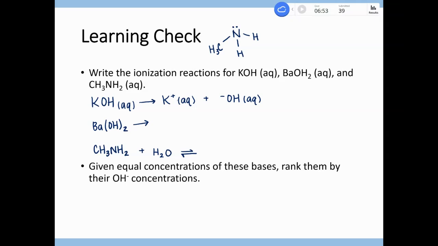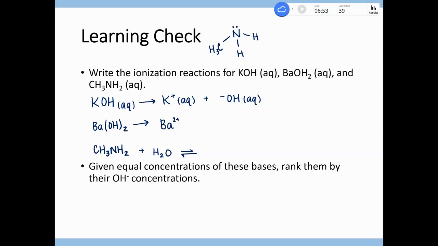Okay, second one here, barium hydroxide. Barium's in the second column, so it will have a +2 charge. I know that because it's in the second column of the periodic table and those metals have a +2 charge when in an ionic compound. And I know that OH, hydroxide, has a -1 charge.